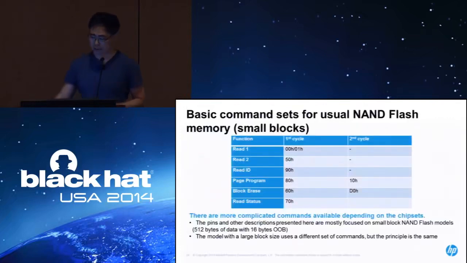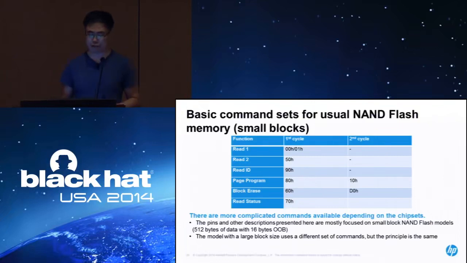These are the basic commands from the NAND flash side. This can differ between NAND flash brands, but these basic commands are very, very common between every brand. For example, there are read operations, which have 3 different commands, and for reading ID there is 90.